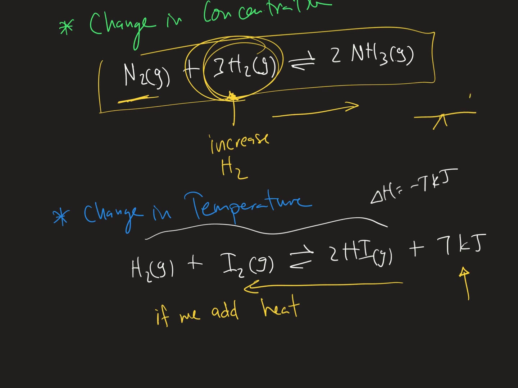Because if we put more on this side, it's going to stay on that side, right? It's not going to go this way, right? So not quite. But I understand the concept. Okay, good.